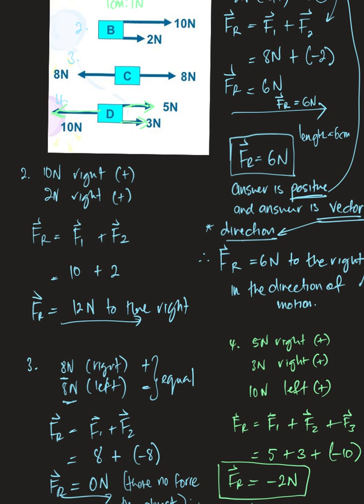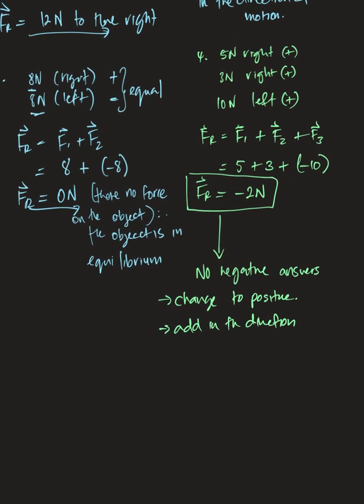So is this object going to move to the right or to the left? Because the 10 is more than the 5 and the 3. So what's going to happen is I must say therefore, so underneath here I would say Fr is equal to 2 newtons to the left, or I can say in the opposite direction of motion.